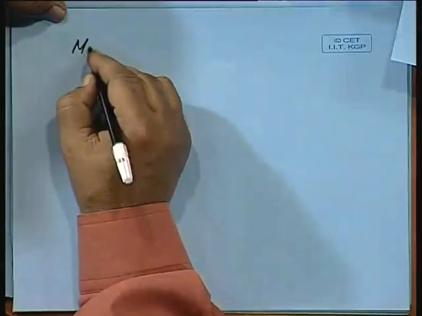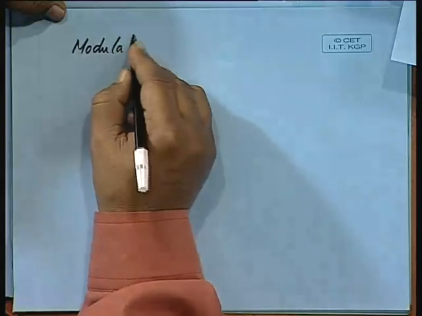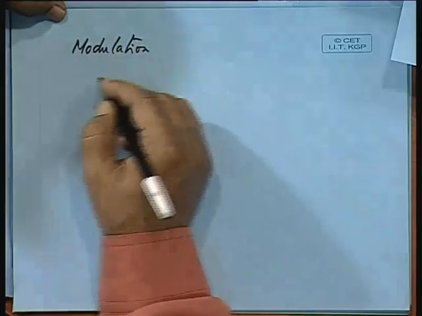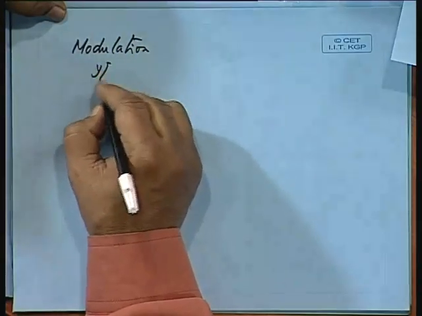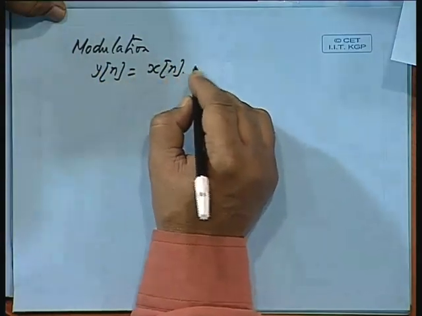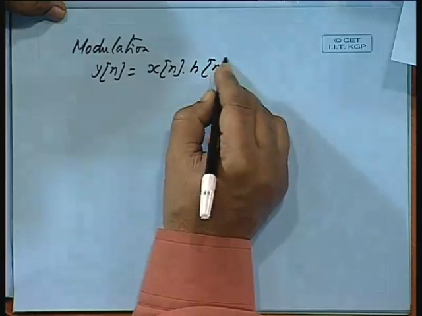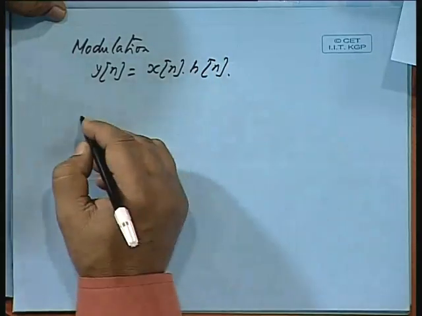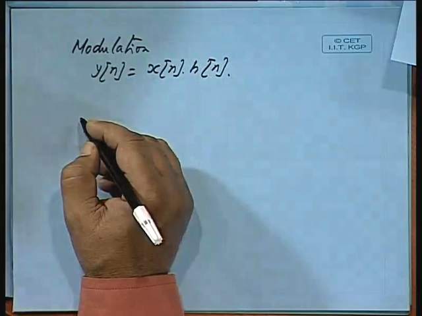Then modulation, that is y n is x n into h n, all right.